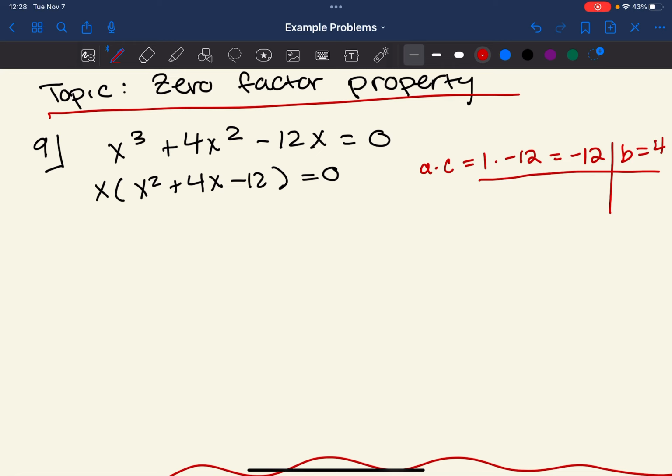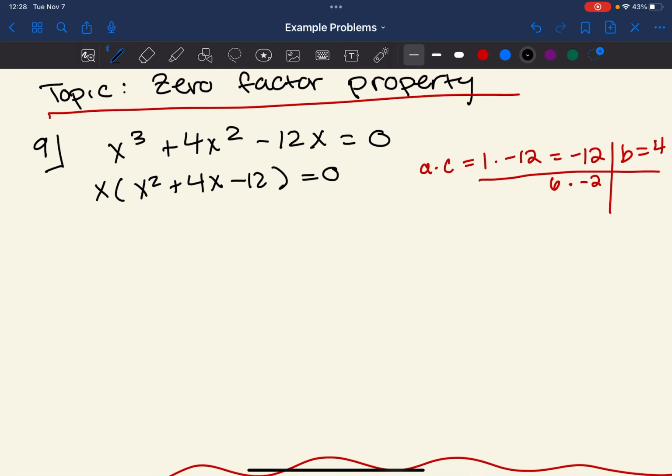So I need two numbers that multiply to negative 12 but add to 4. And those two numbers are going to be negative 6 times 2 because they multiply to negative 12 but they add to, oh, I made a mistake here. It's not negative 6 and positive 2. It's 6 times negative 2 because we want a positive 4 when we add them together.